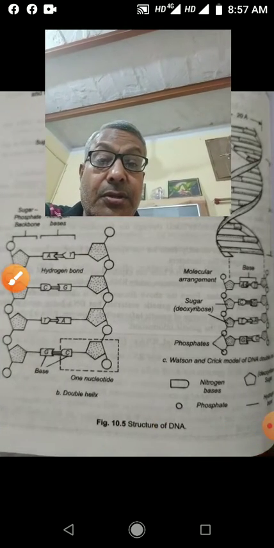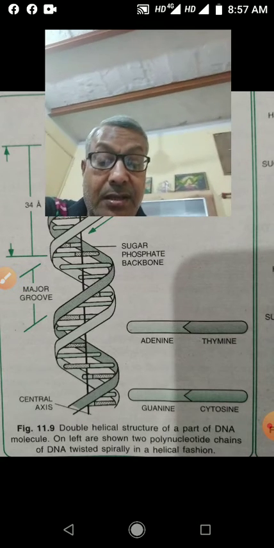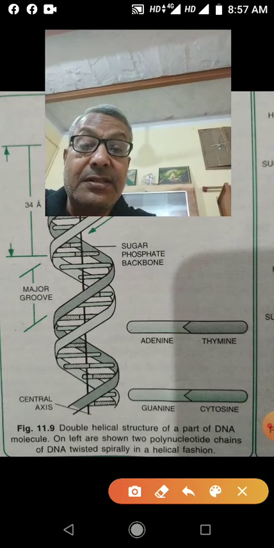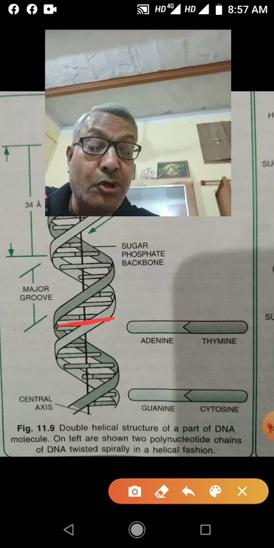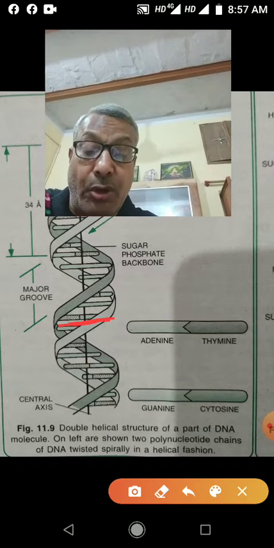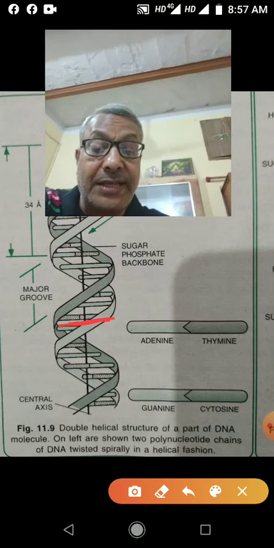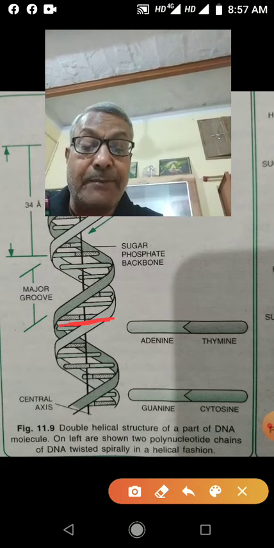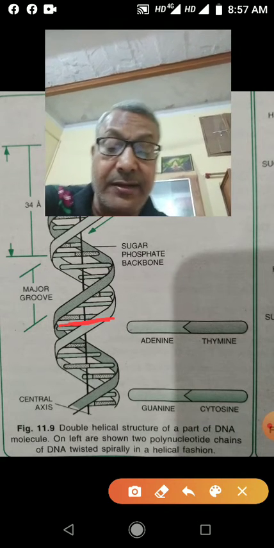Children, you will see the diameter. The DNA helix has a diameter of, so this is the diameter. This diameter is 20 angstrom. And as I told you, both helices are joined by weak hydrogen bonds present between the nitrogenous bases of the two strands.